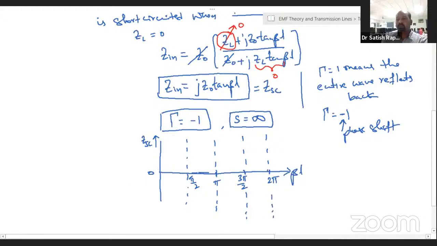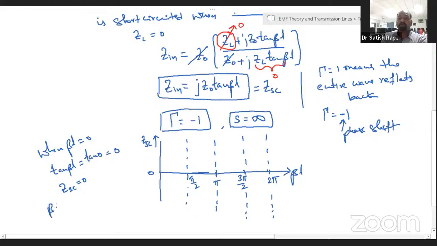When beta L is equal to 0, tan beta L is tan 0, which is equal to 0. Therefore, the input impedance of the short circuited transmission line is 0.